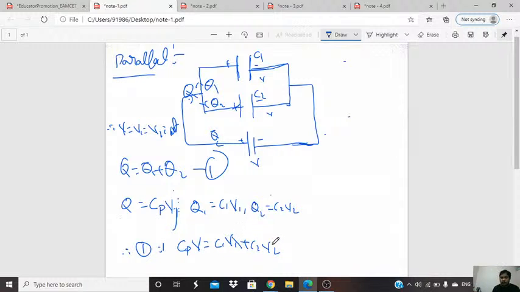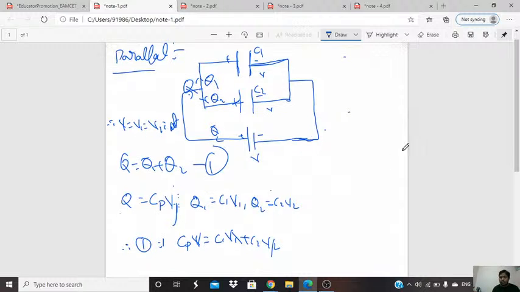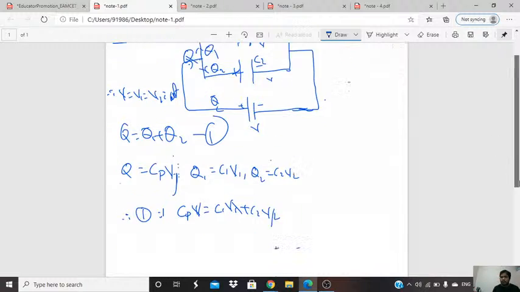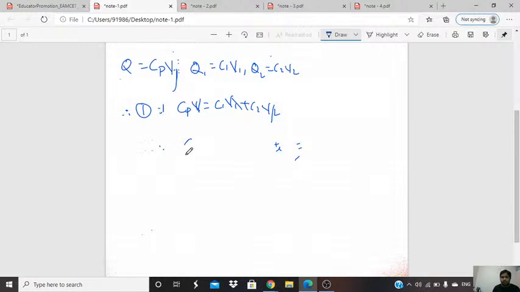But see, V1, V2 cancel, common. So what will we get here? Total C equal to C1 plus C2. So in the parallel combination, the resultant or equivalent capacitance is equal to sum of the capacitance of individual capacitors.